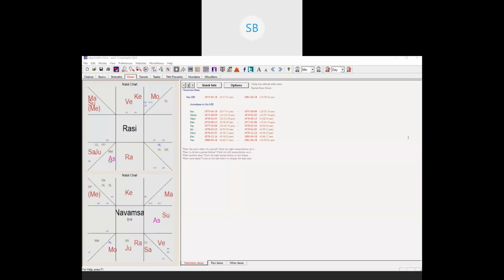Ravi, Kuja, Shani: these three are Papi. The rest are Shubhas. Now, a Papi occupying a Papasthana becomes Shubha. The Papasthanas are 3, 6, 8, and 12. Okay, and you have Kendras, and then you have Konas. Kendras are 1, 4, 7, and 10. And Konas are 5 and 9. Okay.